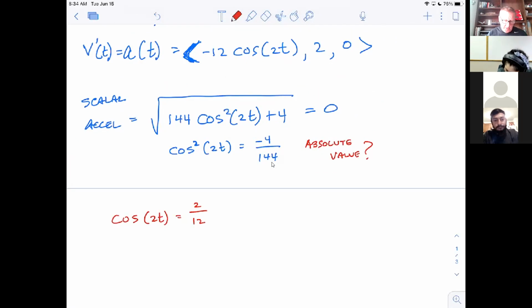Second cosine of 1/6. And I get 1.4 approximately. So I get 2t is approximately equal to 1.4. So t would be approximately 0.7.